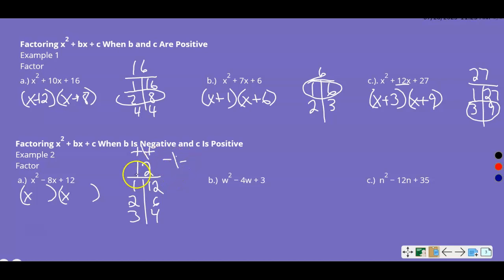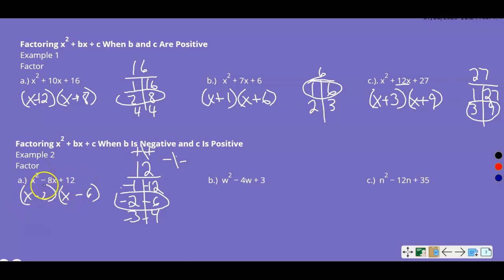Two negatives can multiply to give me a positive 12, and two negatives can add to give me a negative 8 in the middle. So I'm going to have a negative 2 and a negative 6 to get negative 8. Again, this would be negative 7, and this would be negative 13, so that would not work. So I'm going to have negative 2 and negative 6.